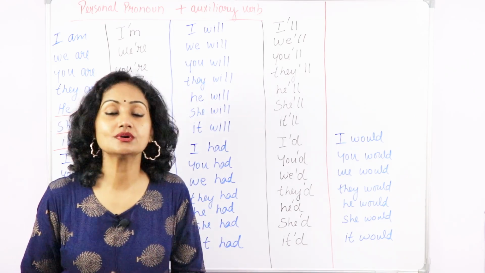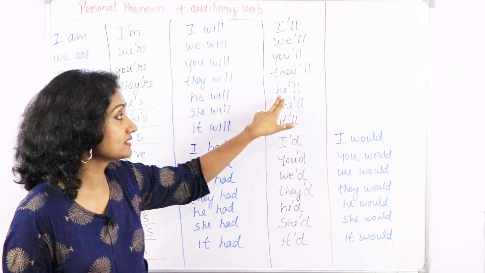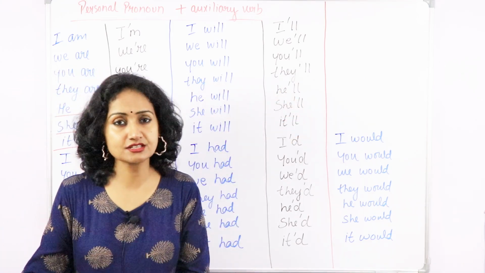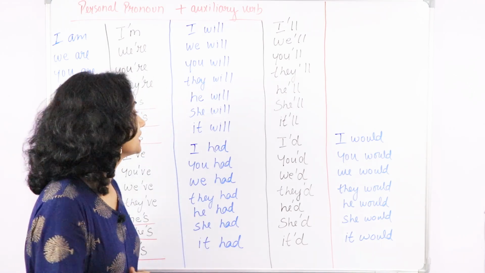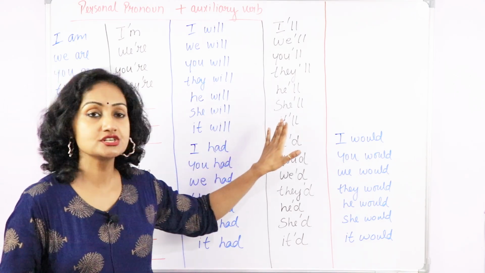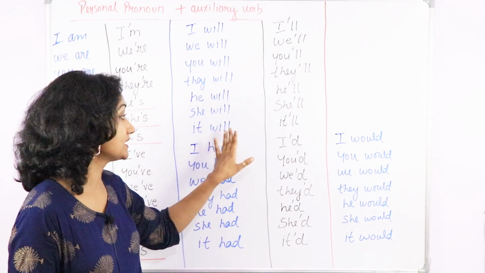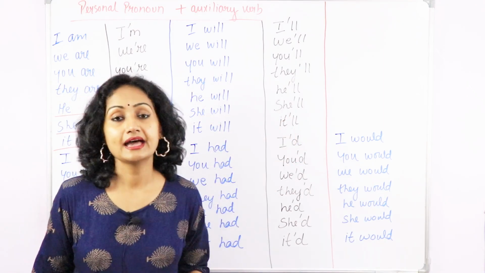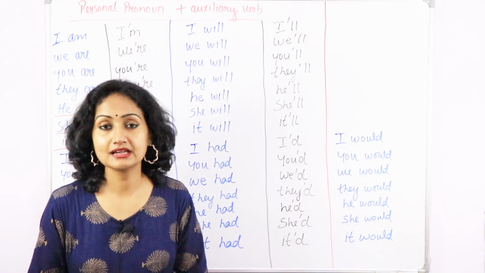Next is he will becomes he'll. He'll get it tomorrow. She'll get it tomorrow. It will becomes it apostrophe double L, and the pronunciation is it'll. It'll be done tomorrow.